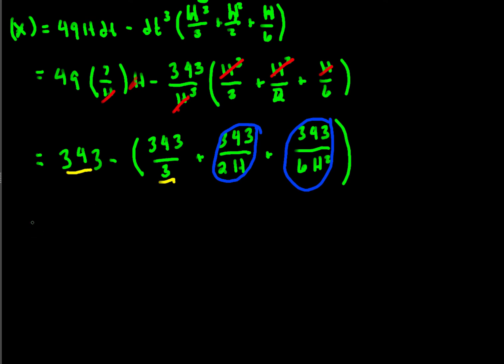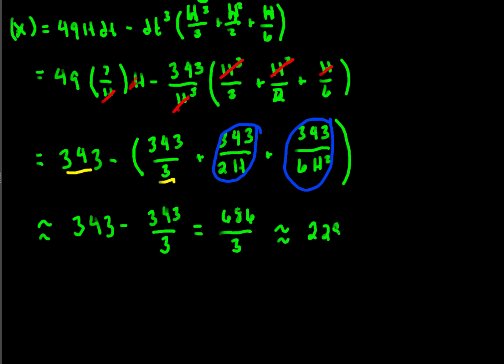So this infinite sum is infinitely close to 343 minus 343 over 3, which is equal to 686 over 3, or approximately 228.7 centimeters.